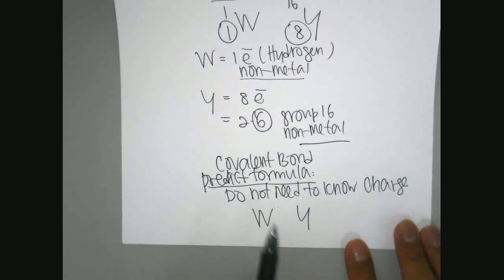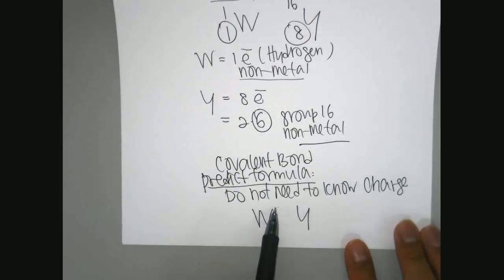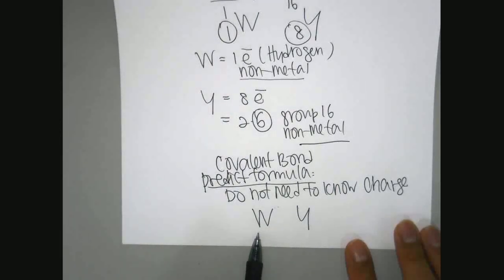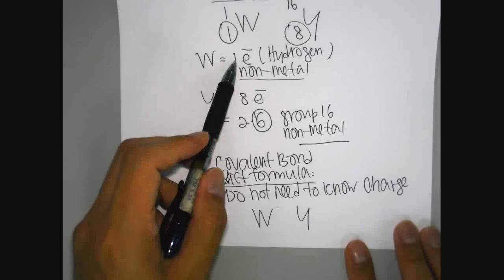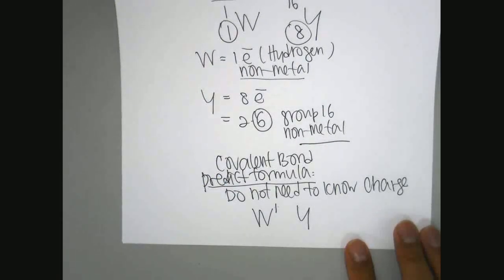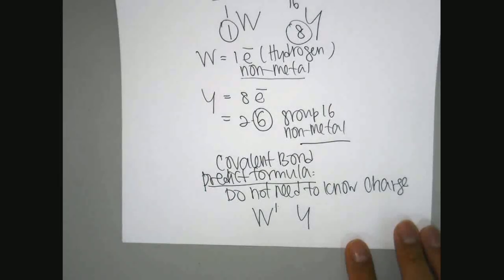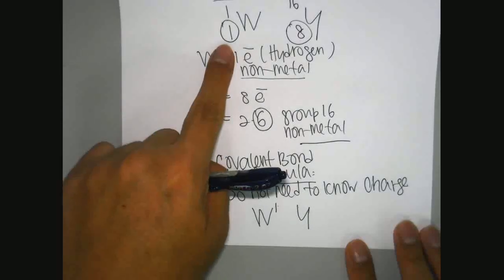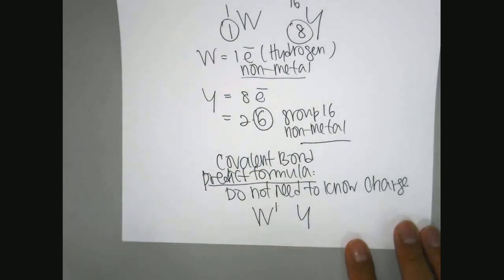I repeat, on the top right corner here, we just write down the number of electron that it needs to be stable. W has only one electron. If we only have one electron, we just need one more. We don't need 7, because for the first circle, 2 electrons is enough to make it full. That's why we have 1 already, we just need another 1 more.